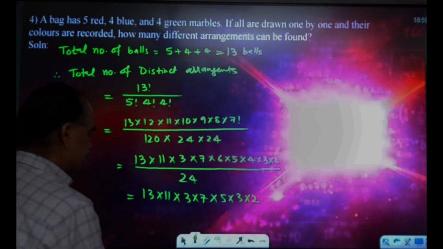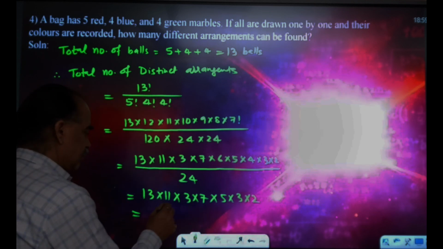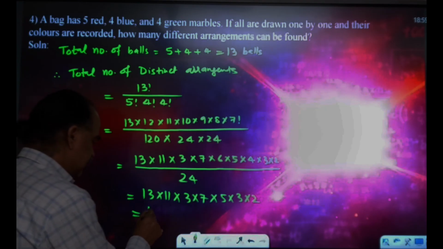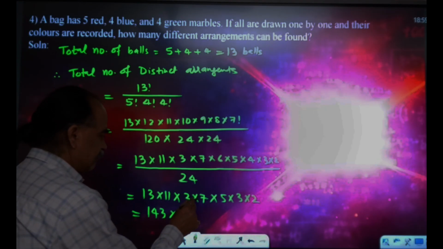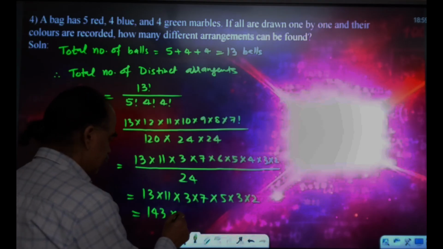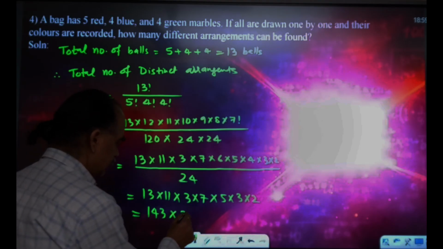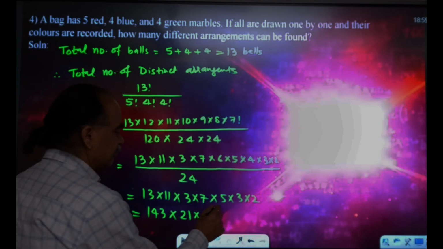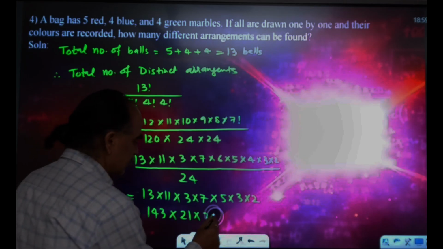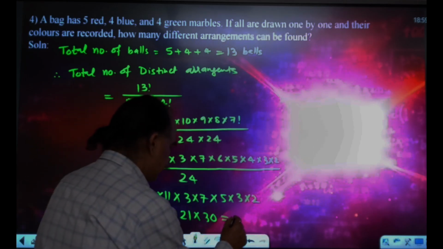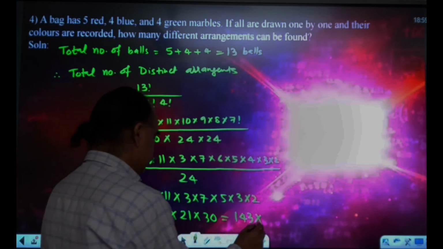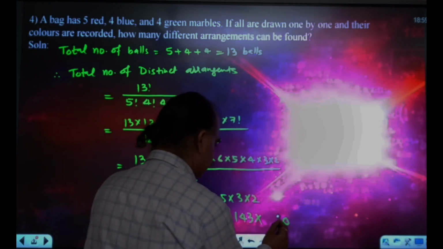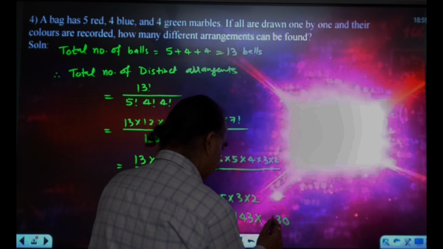This is what is left. 143, 21 into 5 to the 15 to the 30, 143 into 630.